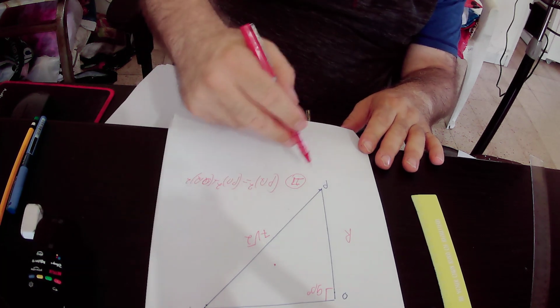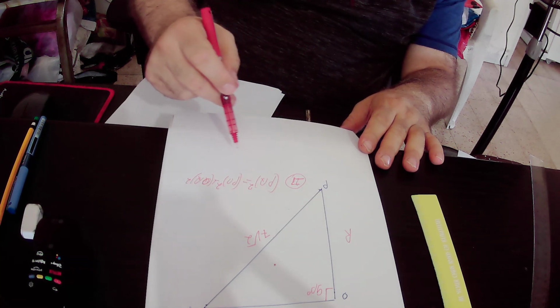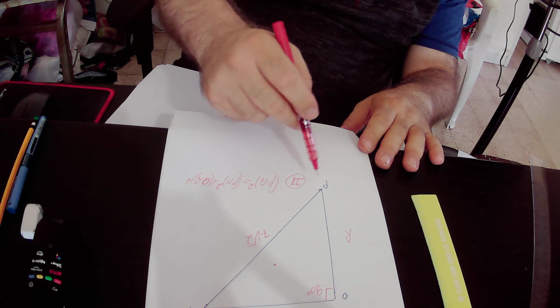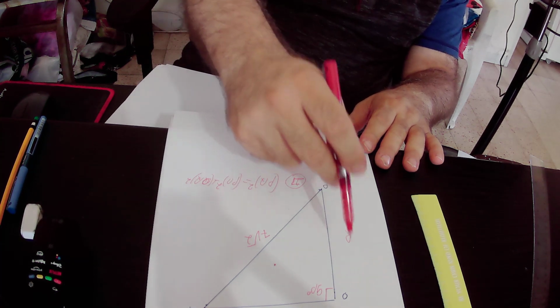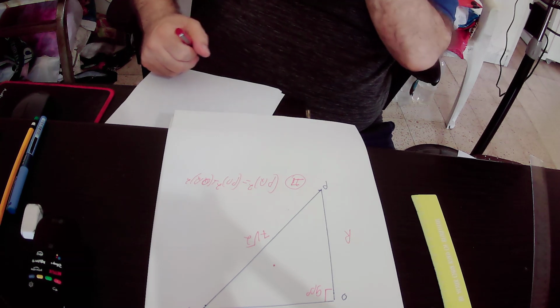PQ square, the square of the hypotenuse, equals the sum of the squares of the perpendiculars. This is to say PQ square equals PO square plus OQ square. Okay?